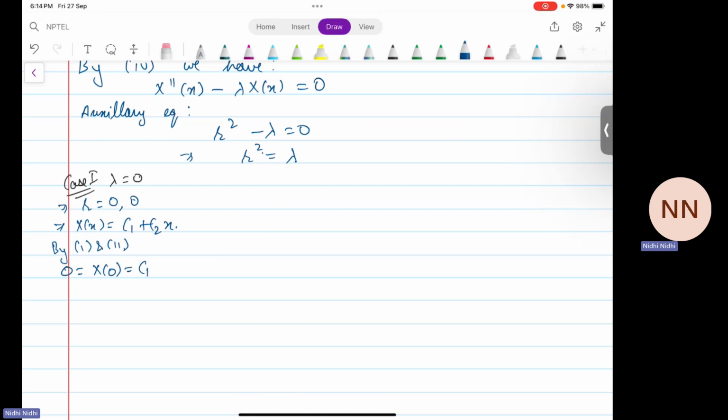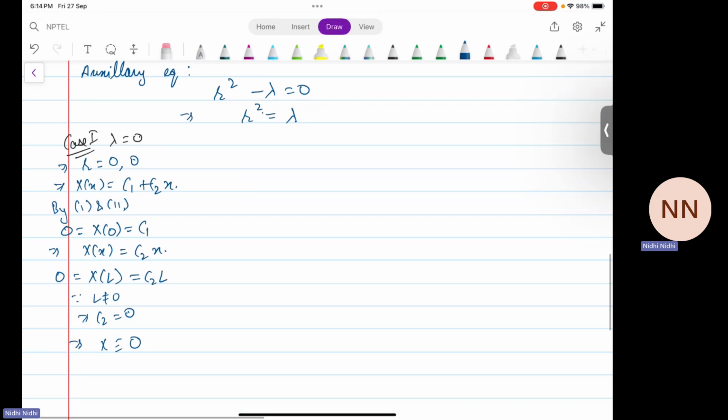So c1 must be 0. This implies X is just c2 x. Now again we have 0 equals X(L), which is c2 times L. Now since L is non-zero, we must have c2 equals 0, which implies X is a trivial function. That is not what we want. Now this will imply that u(x,t) is 0.